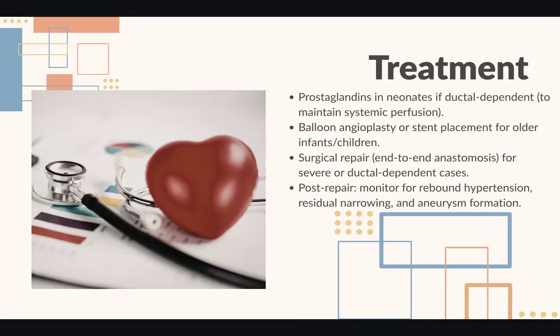For severe or ductal dependent cases that need surgical repair, we are going to do something called an end-to-end anastomosis. You guys know I can't pronounce stuff. I'm trying my best, I promise. And then post-repair, we're looking for rebound hypertension, residual narrowing, and potentially even an aneurysm formation.